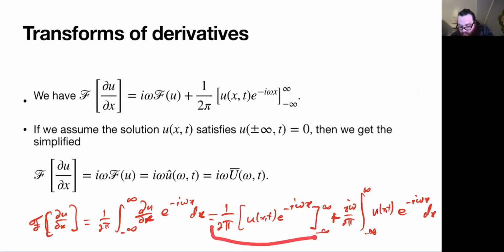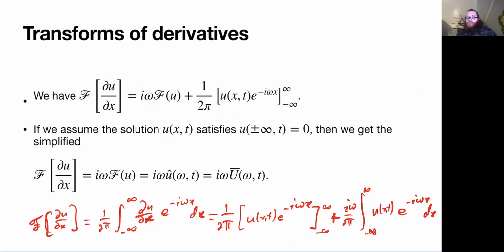But in general, u can do whatever, so we pick up this other term, which I might call a correction term. It would be great if this went to 0, because then we could say that the Fourier transform of a derivative is just i omega times the Fourier transform.